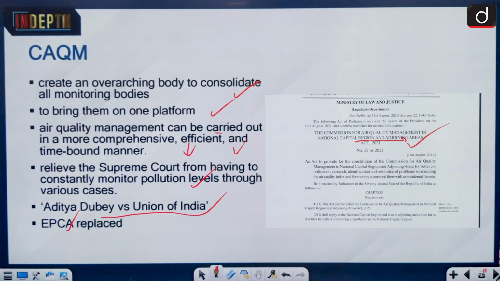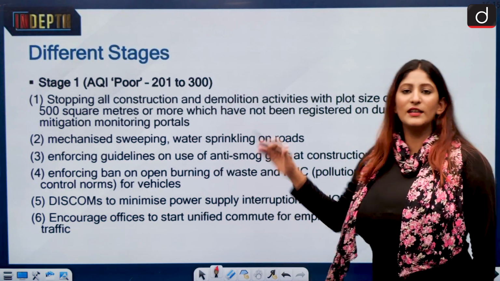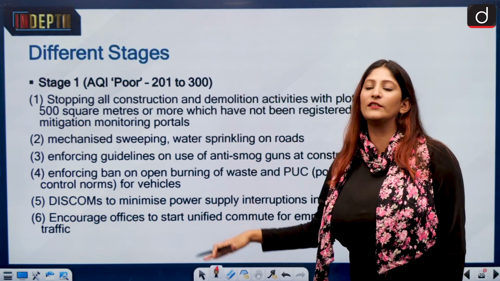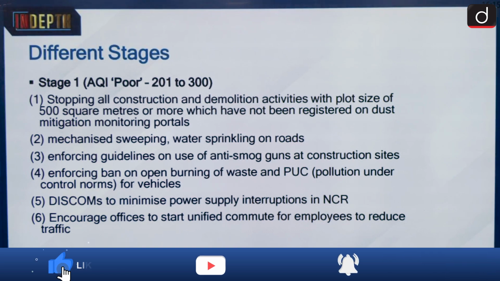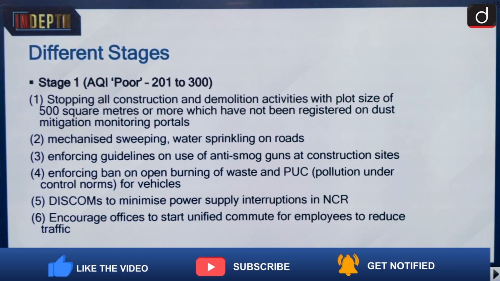Remember this. Moving ahead, let us talk about the different stages. Nothing much to clarify over here, just read through. Stage 1, when air quality index is poor, that is from 201 to 300: stopping all construction and demolition activities with plot size of 500 square meters or more, which have not been registered on dust mitigation monitoring portals. Mechanized sweeping has to be done. Water sprinkling on roads has to be done.